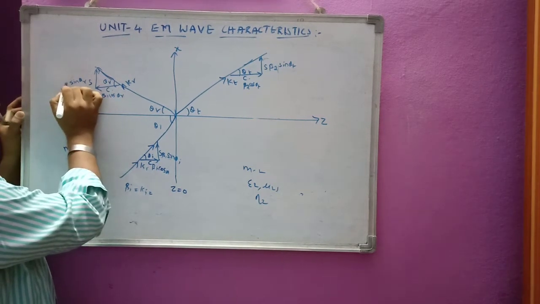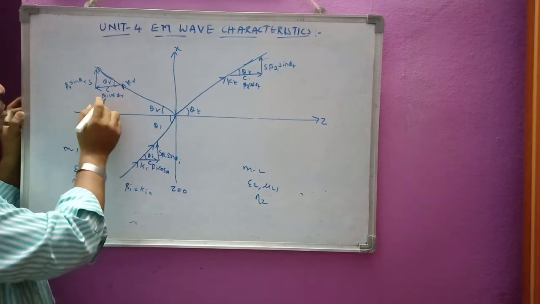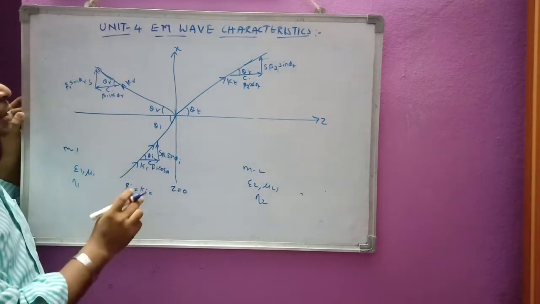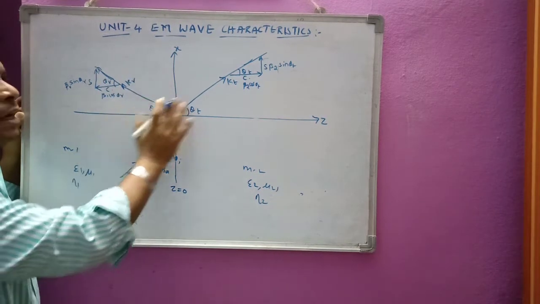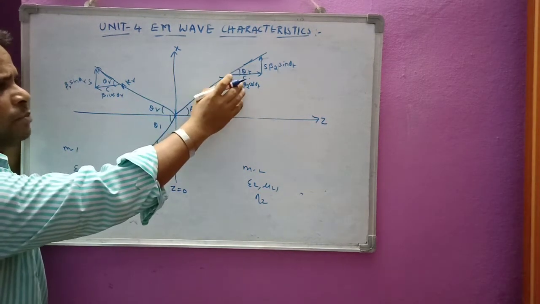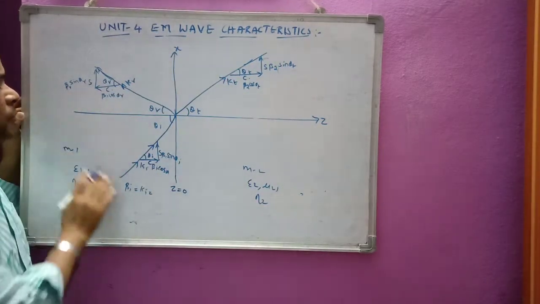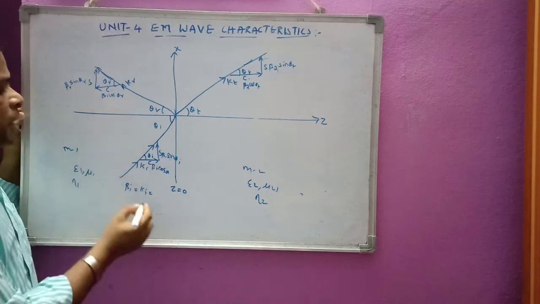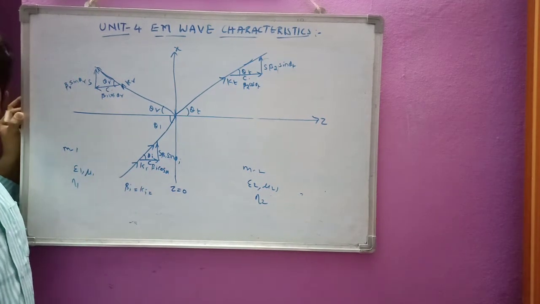I can write beta r or beta 1 because the incident and reflected waves are both in medium 1, whereas the transmitted wave is in medium 2. That's why I had to take beta 2, and with respect to beta I or beta r I have to take beta 1 or k1 here. Okay, that is what I can write here.